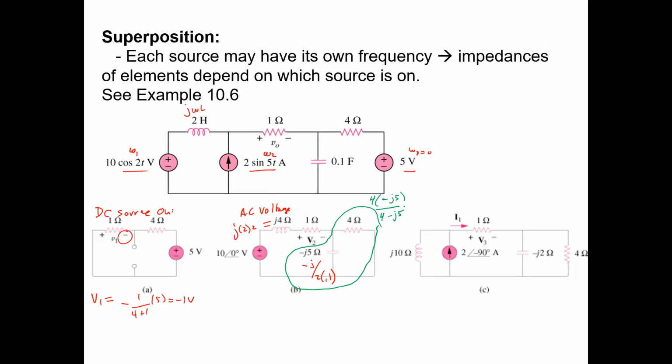And at that point, we can use the voltage divider equation. We've got 3 impedances now in series. We've got the J4, the 1 ohm, and this parallel combination.